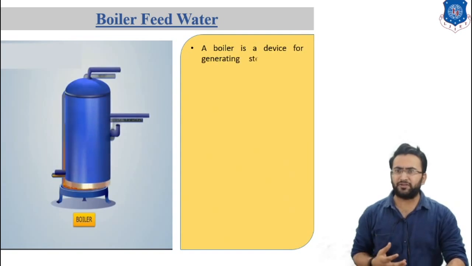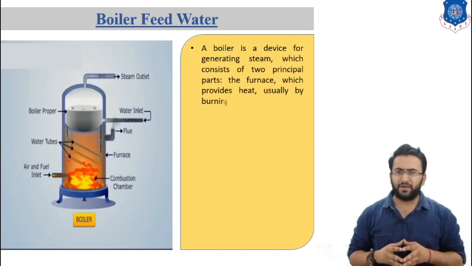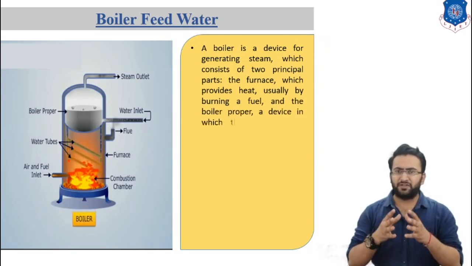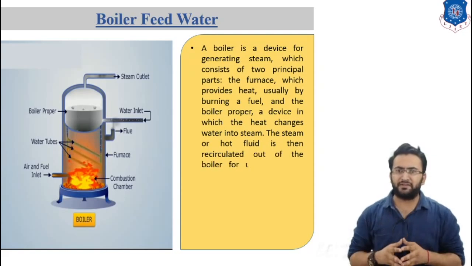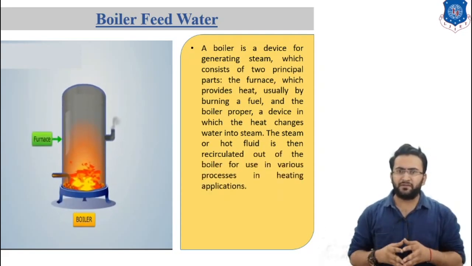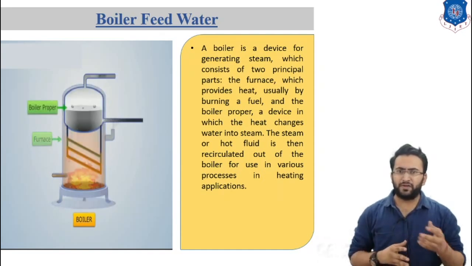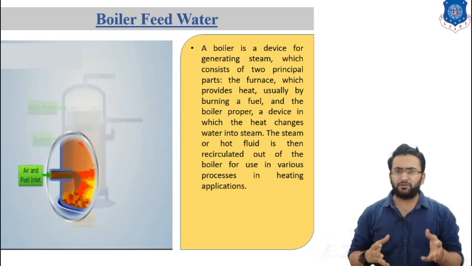Now let's talk about the second utility, which is boiler feed water. A boiler is a device for generating steam, which consists of two principal parts. The first one is a furnace, and the second one is the boiler proper. The furnace provides heating, usually by the burning of fuel, and the boiler proper is a device in which the heat changes water into steam.